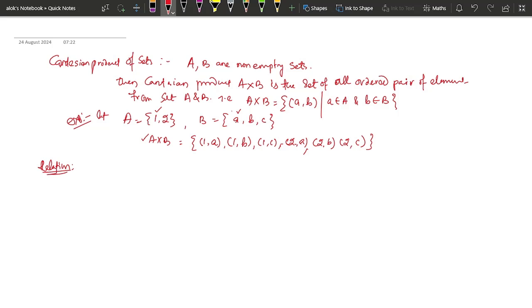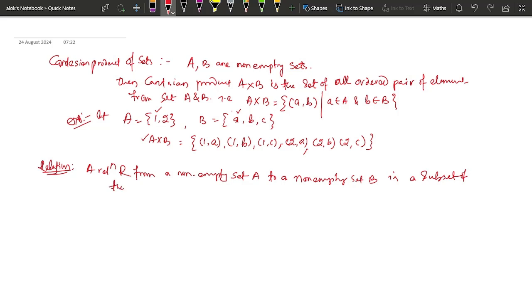A relation R from a non-empty set A to a non-empty set B is a subset of the Cartesian product A cross B, which symbolically can be written as R is a subset of or equal to A cross B.